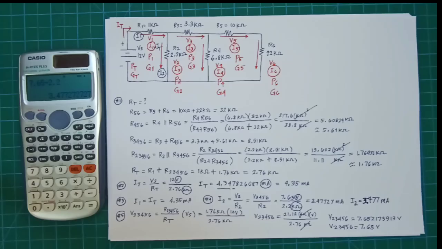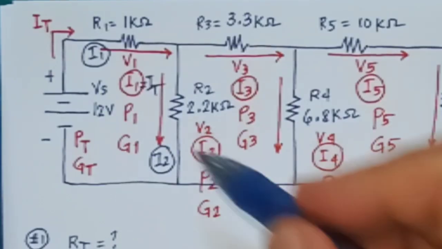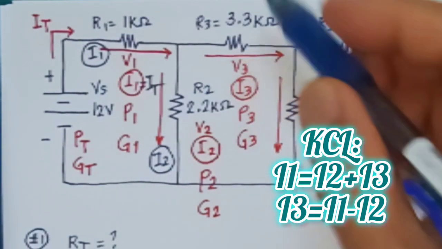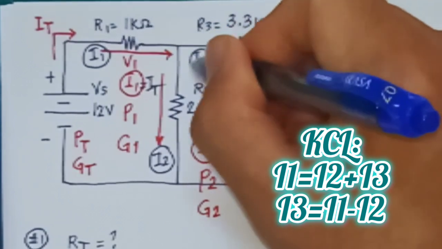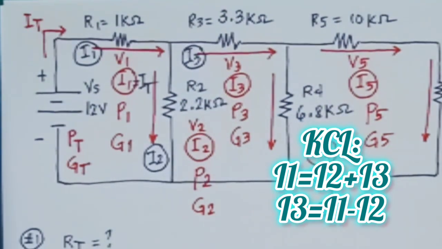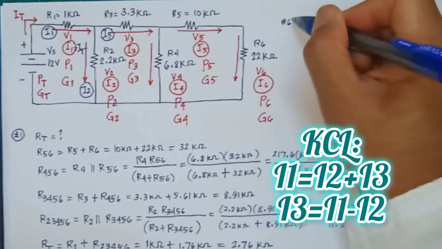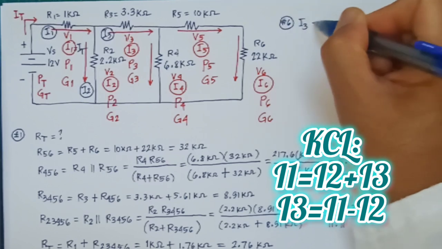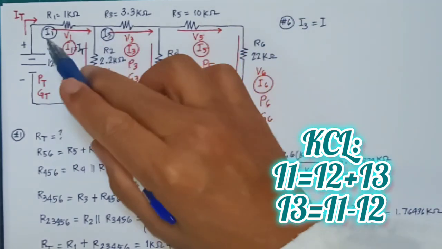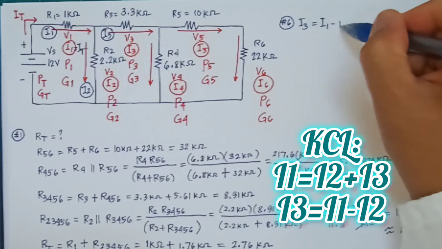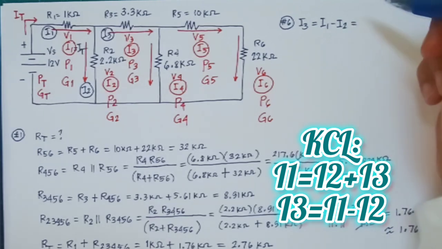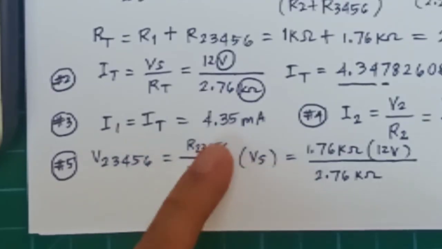We can write here 3.477 milliamperes. Now for the next step, let's analyze that I3 can be calculated by Kirchhoff's current law, or KCL. We can subtract I1 minus I2, and we would get the value of I3.